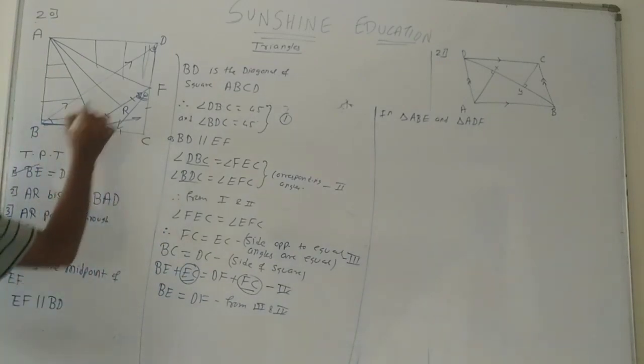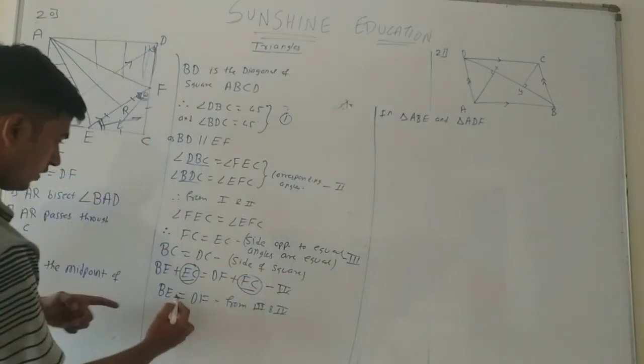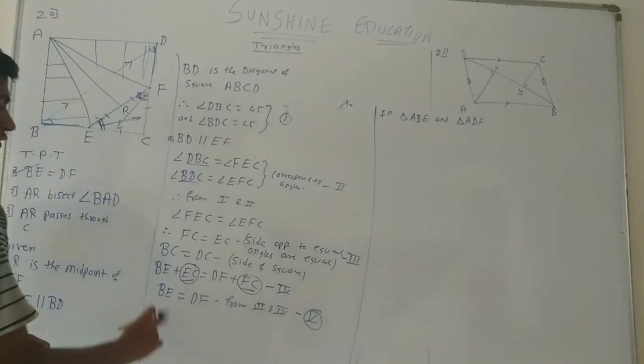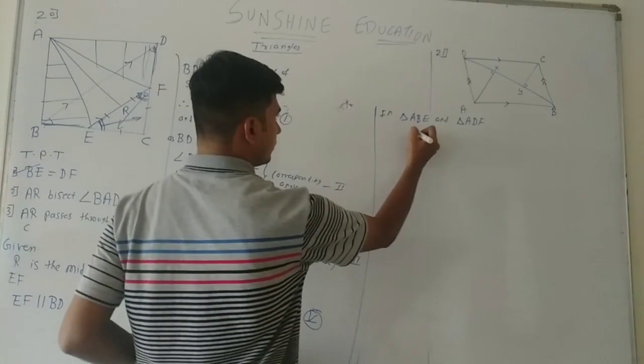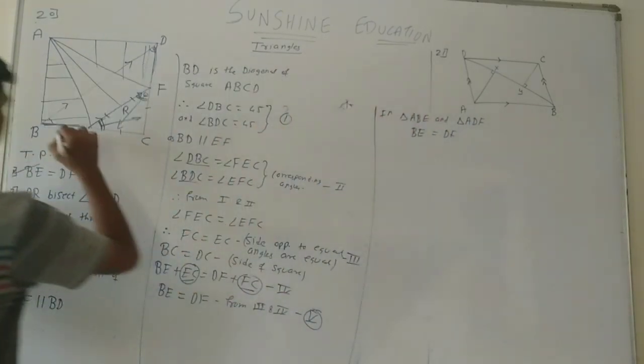Okay, we know that BE is equal to DF from 4. I will give this as number 5. Okay, so BE is equal to DF.